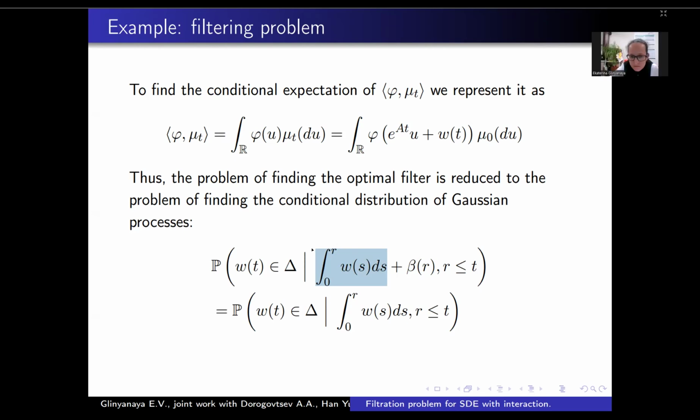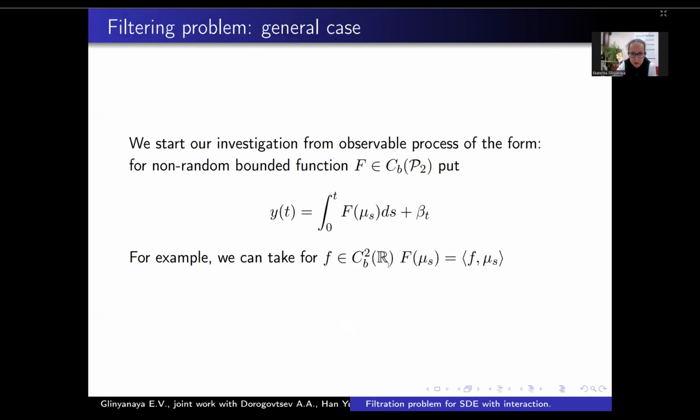But maybe we can just think now that here is a comma, not a plus, then the result is okay. Yeah. But we still can calculate the conditional distribution. Surely it can be calculated. Yeah. I see. Okay. I will move on.